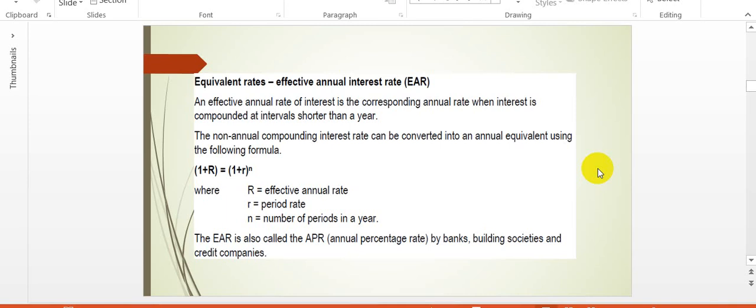So the formula becomes big R equals, open brackets, 1 plus small r, close brackets, to the power n, minus 1. The EAR is also called the APR, or annual percentage rate, by banks, building societies, and other credit companies.